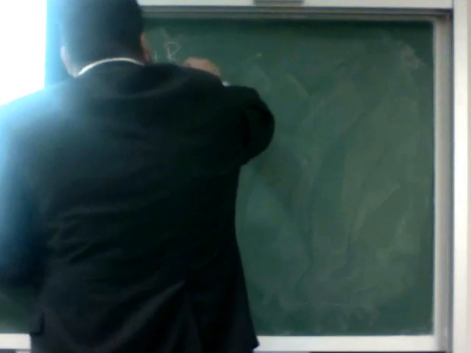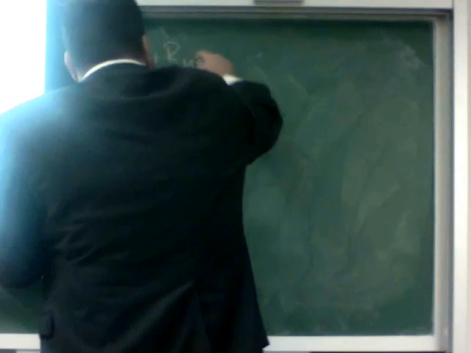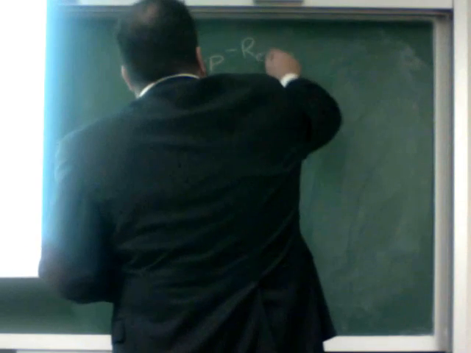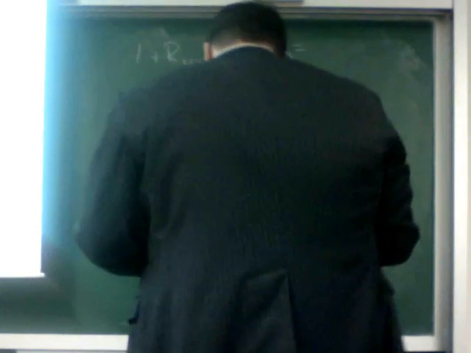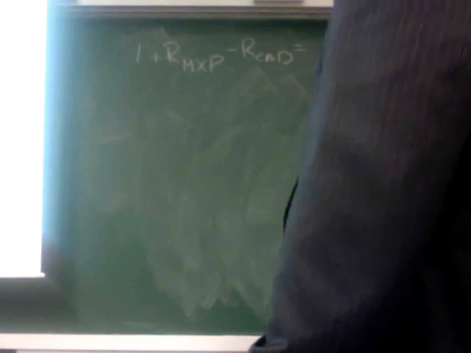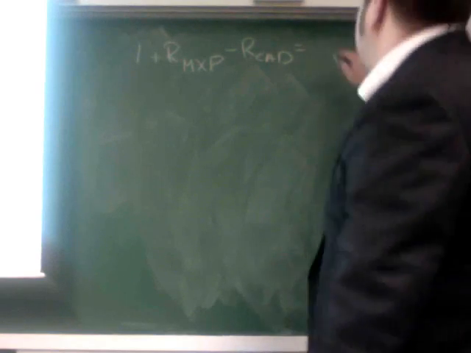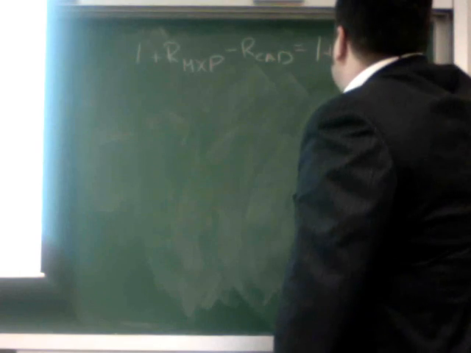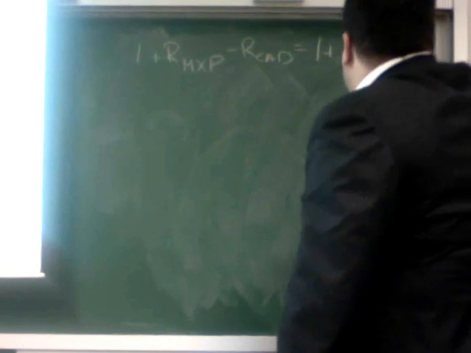So I start with my first one. The currency code for Mexican pesos is MXP, so MX for Mexico and P for pesos. The risk-free rate in Mexico is 8%. The risk-free rate in Canada is 4%.